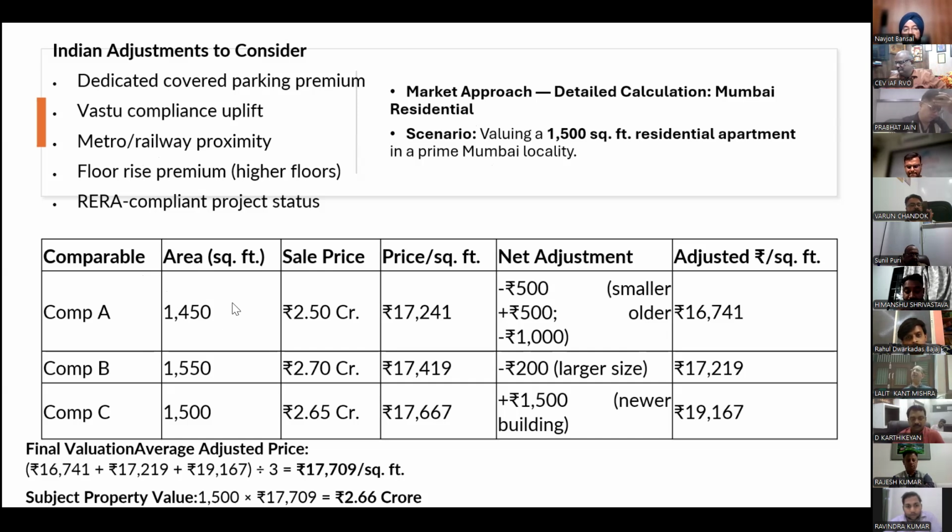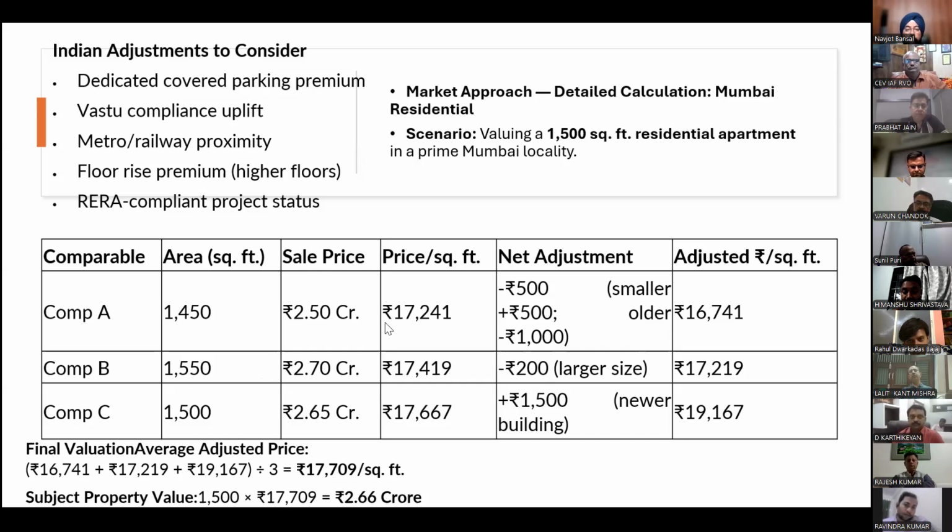First is 1,450 square feet in area. Its sale price was 2.5 crore, and the rate per square feet comes out to be 17,241. It is an older building and its size is smaller. We applied an adjustment of 500, so the net adjusted value is 16,441.